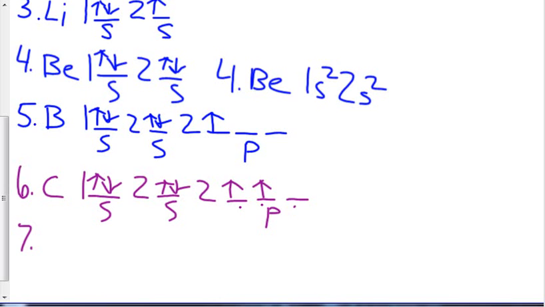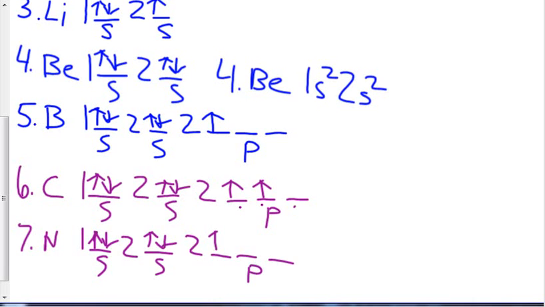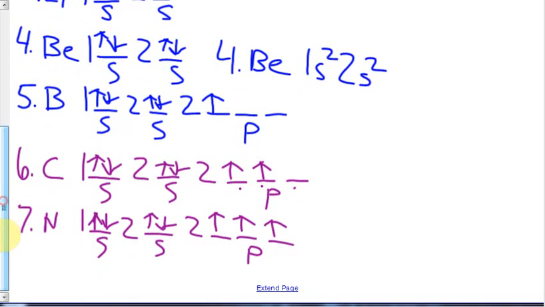Atomic number 7 is going to be nitrogen. It looks just like carbon does. 1s2, 2s2, 3 lines, P block, and nitrogen has 3 up arrows. Now, what's nice about orbital notation is now we can have some understanding of how bonding works.